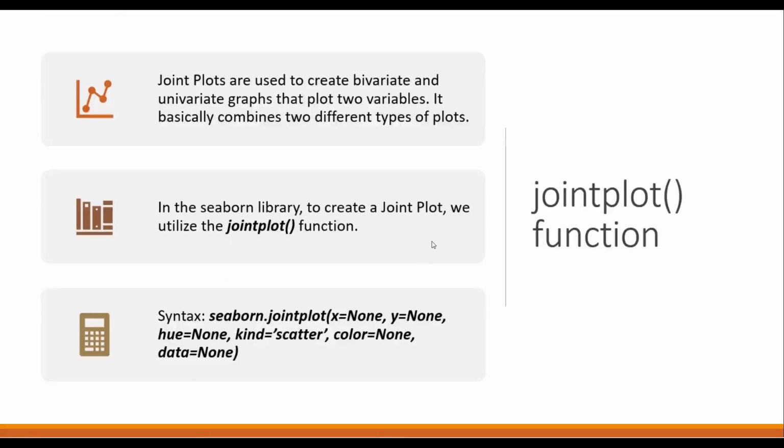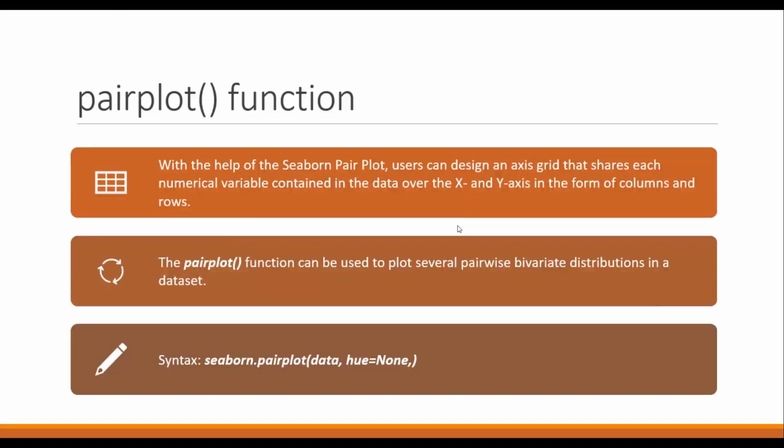So with this we have learned about the joint plot function. Now we will learn about the pair plot function. So firstly I explain to you. With the help of a Seaborn pair plot, the user can design an axis grid that shares each numerical variable contained in the data over the x and y axes in the form of columns and rows.